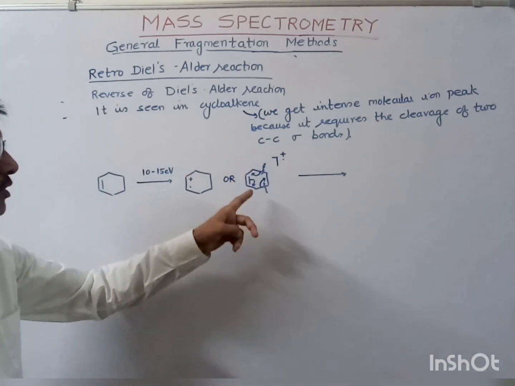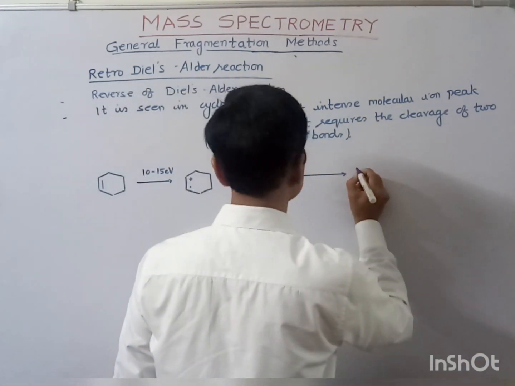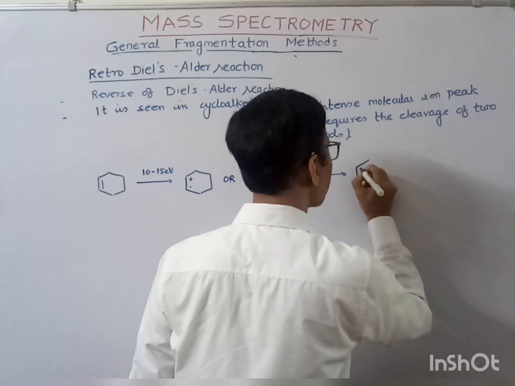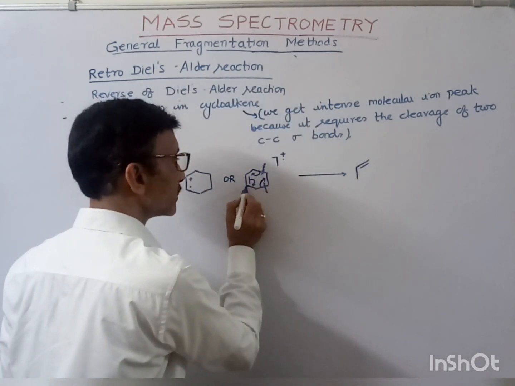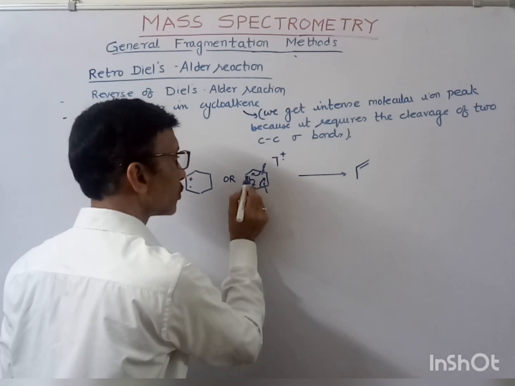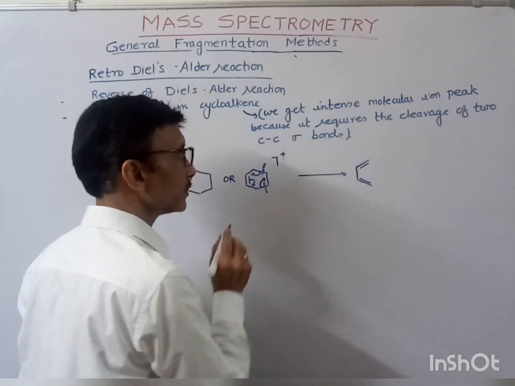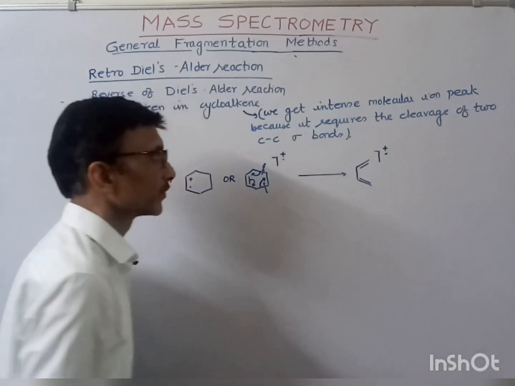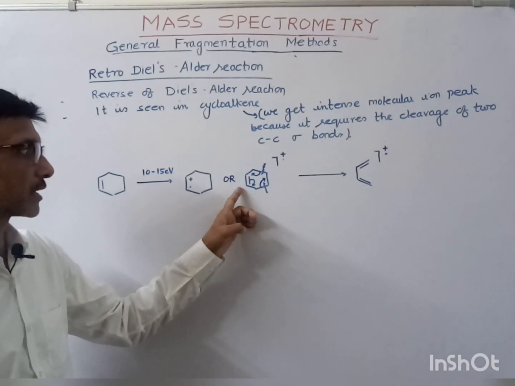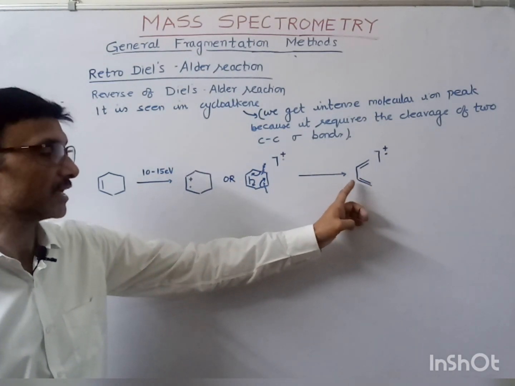So two sigma bonds undergo cleavage, and here this single bond is converted into a double bond, and this single bond is also converted into a double bond. This double bond is converted into a single bond, and we have got this one as a diene. Previously it was the molecular ion, still it is the radical cation.